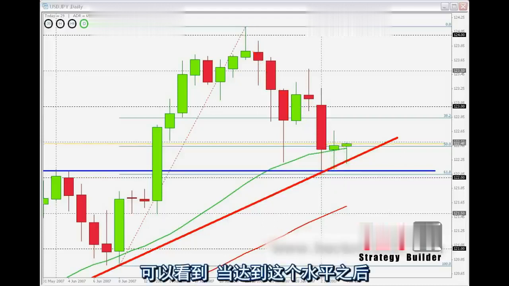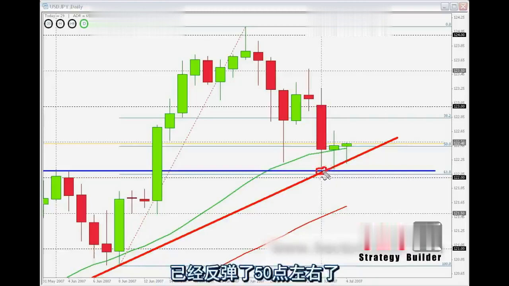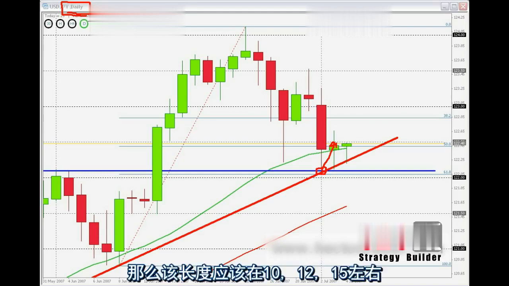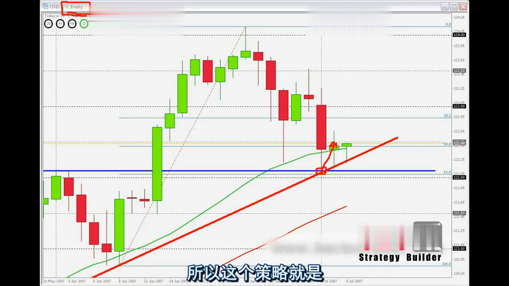As you can see, immediately after touching this level, we've seen like a 50 pip bounce to the upside. Please always bear in mind that this is a daily chart, and 50 pips on the daily chart is nothing. If we were talking about the 30-minute chart, that bounce would have been 10, 12, 15 pips, no more.